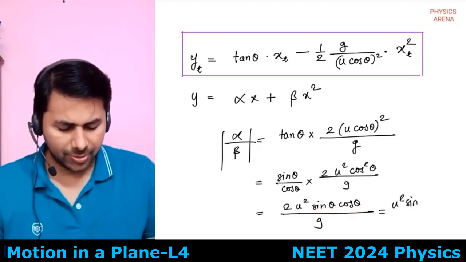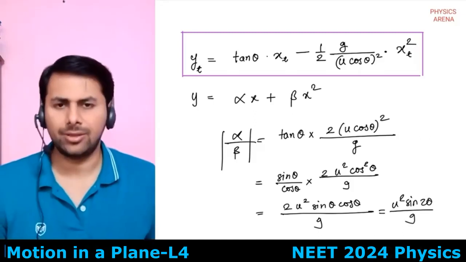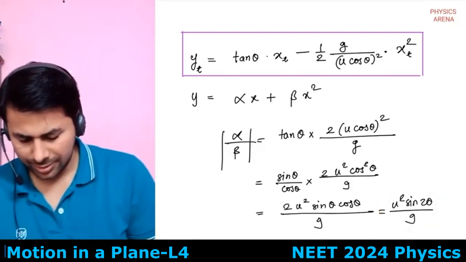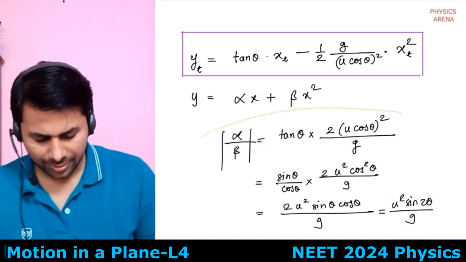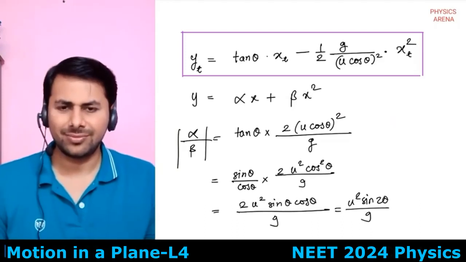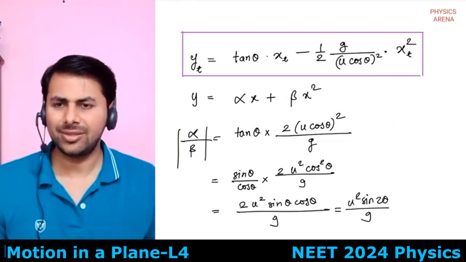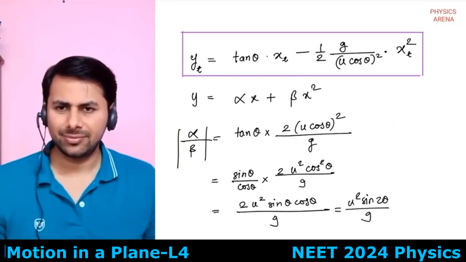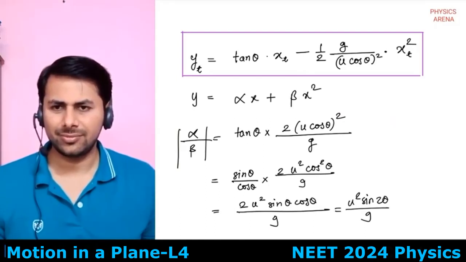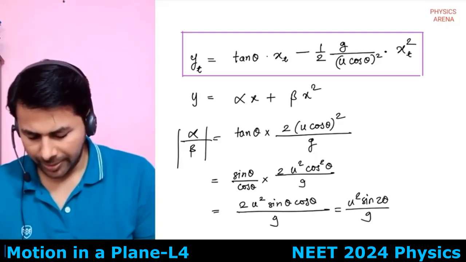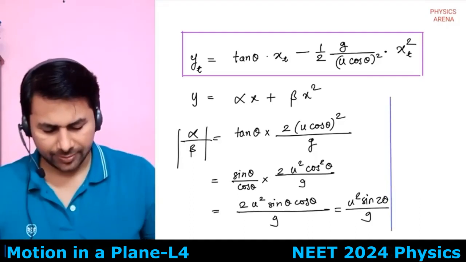U square sin 2 theta divided by g. Tell me, what is this formula for? This is the range of projectile, right? So using this, we can find out the range of projectile.